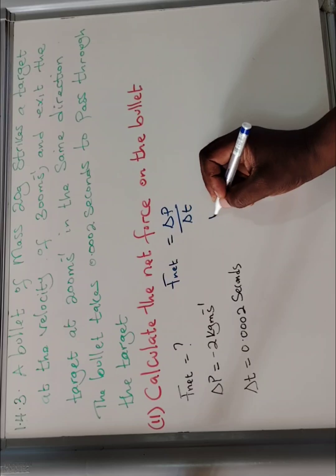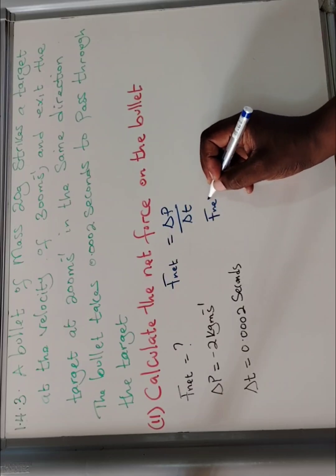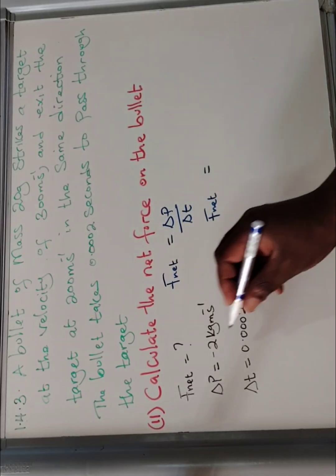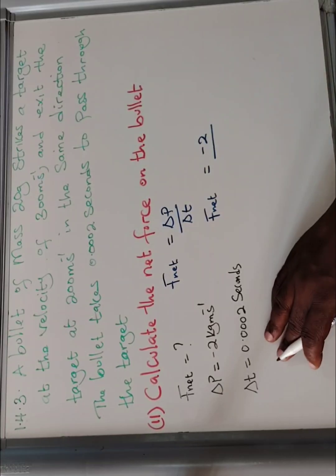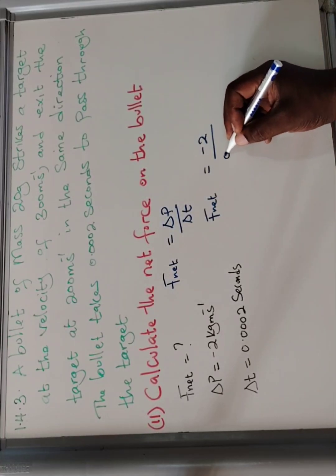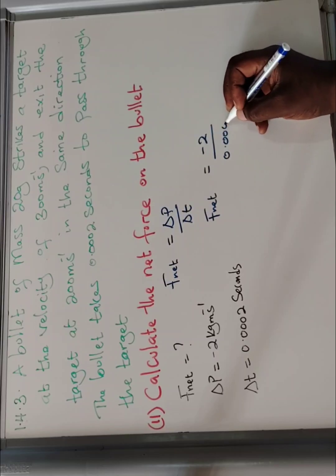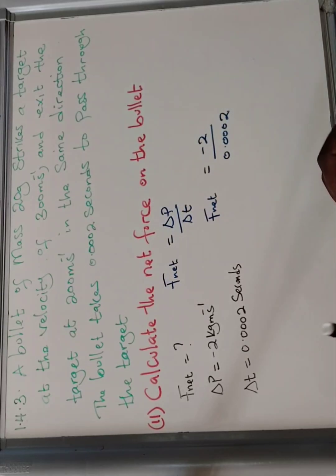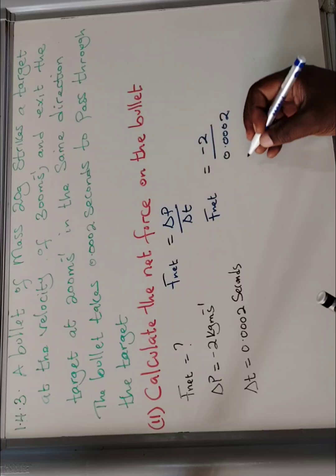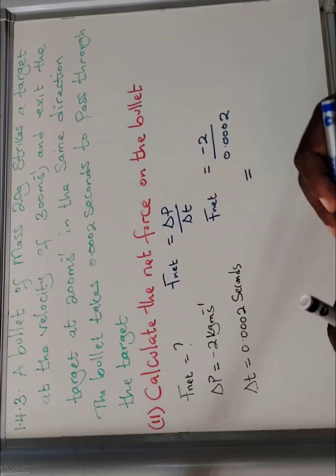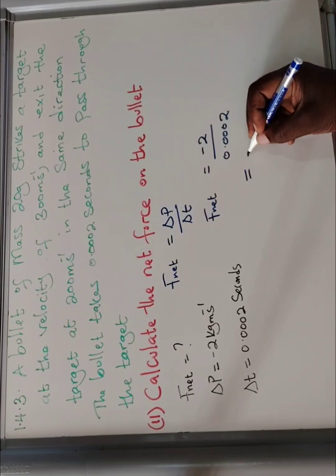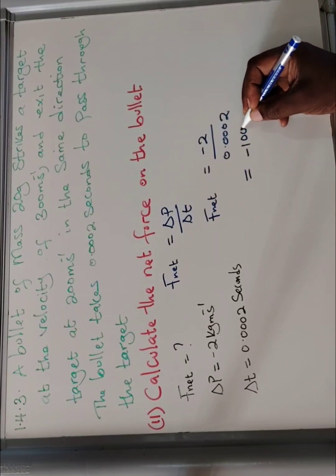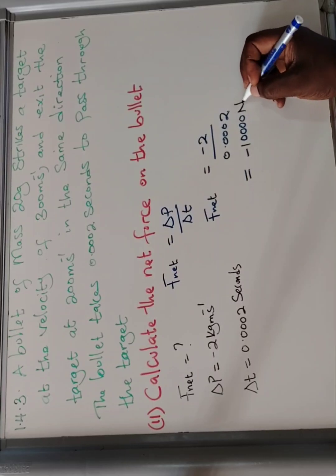You say F net is equal to change in momentum, which is negative 2, divided by time, which is 0.0002. And what you get out of that is going to be our net force. So it happens to be negative 10,000 newtons.